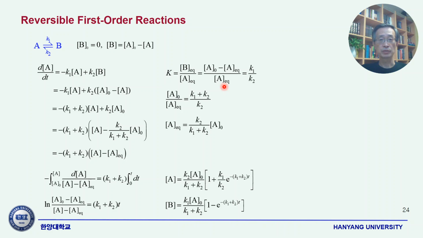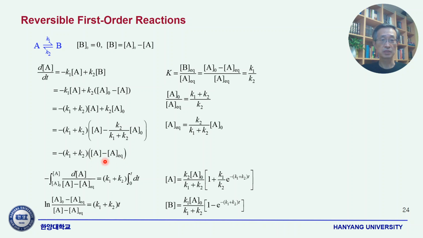A naught over A eq is equal to k1 over k2 plus 1. So A naught over A eq is (k1 plus k2) over k2. Now A eq is then the reciprocal of this, k2 over (k1 plus k2), times A naught. Then we have exactly this one as here.